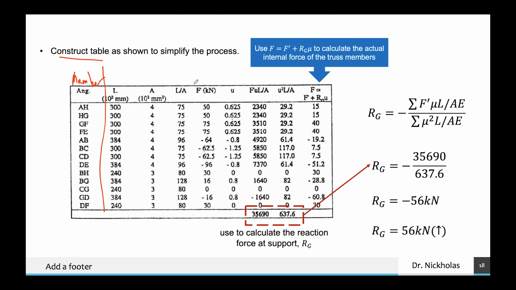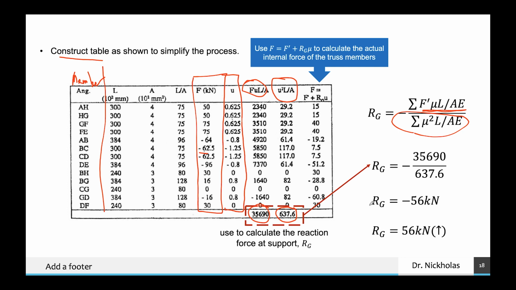Then, after we are able to calculate that, we can find Rg. The Rg that we found is negative 56.